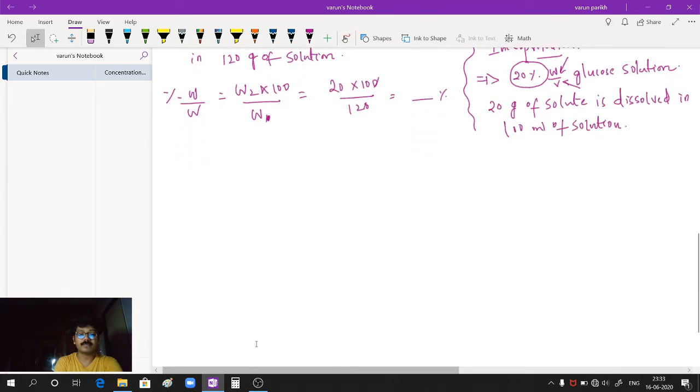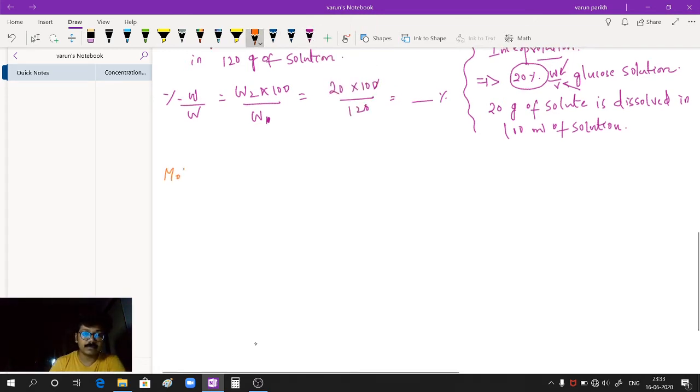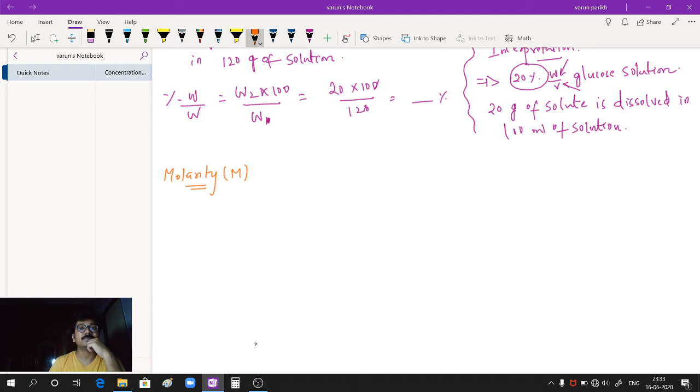Now let's go for the main topic, that is molarity of solution. Let's understand what molarity is. For all of them, the definition is the most important thing rather than the rest.